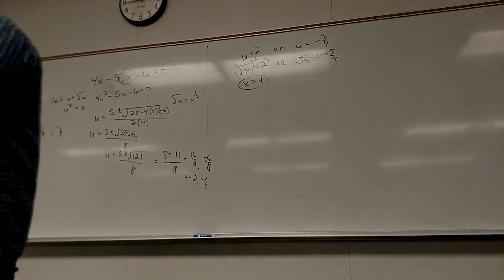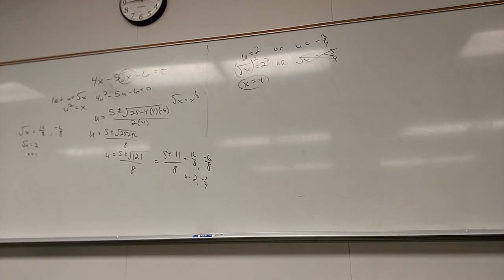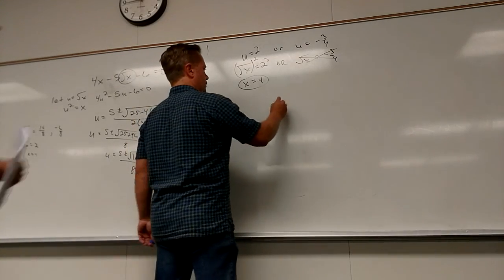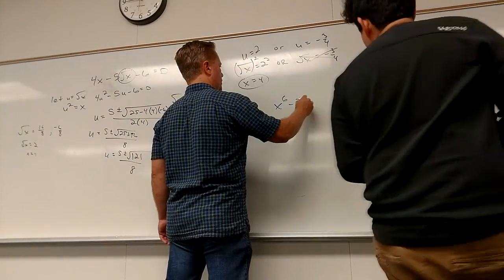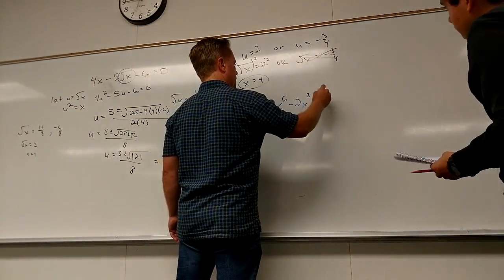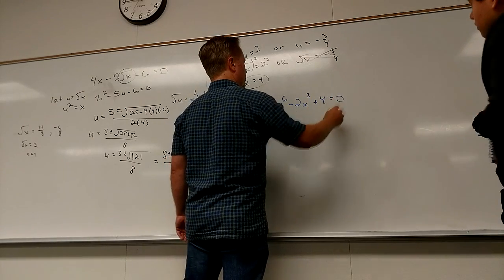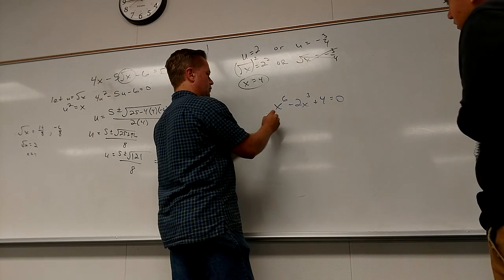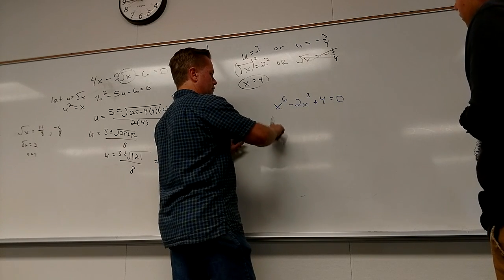I'm still kind of confused about the u substitution. I didn't really like that way. So can you help me? Like I said, if I had something like x to the 6 minus 2x cubed plus 4 equals 0, I can't factor this.